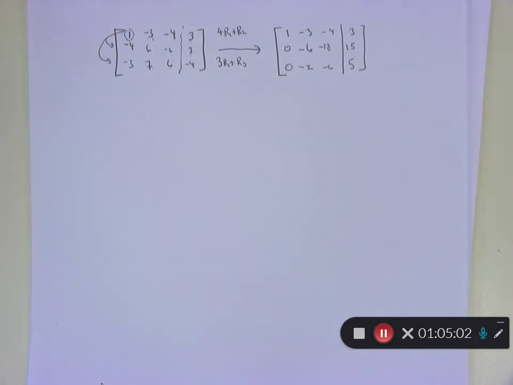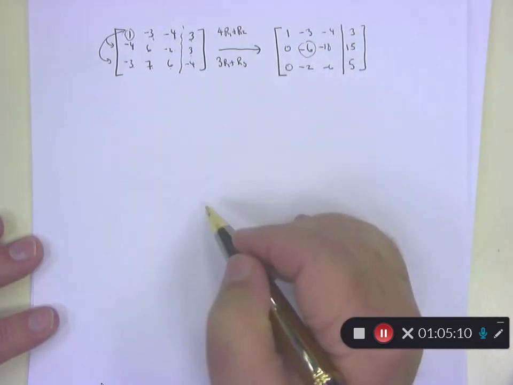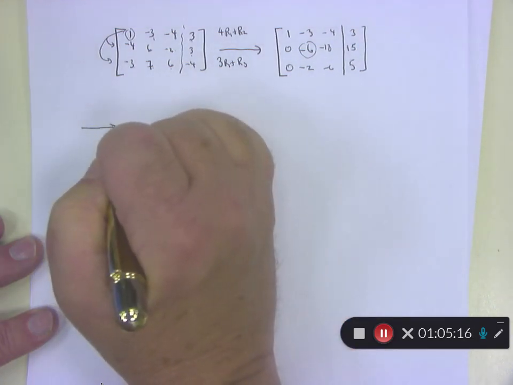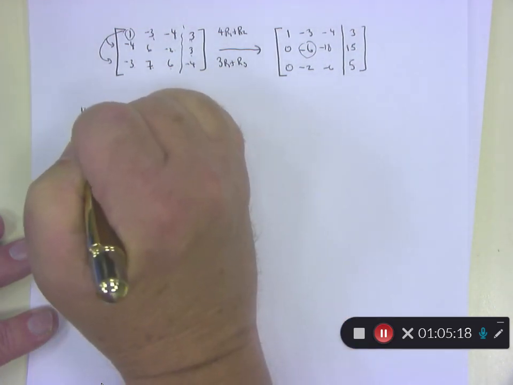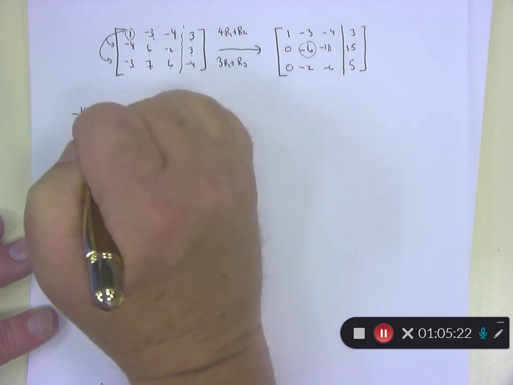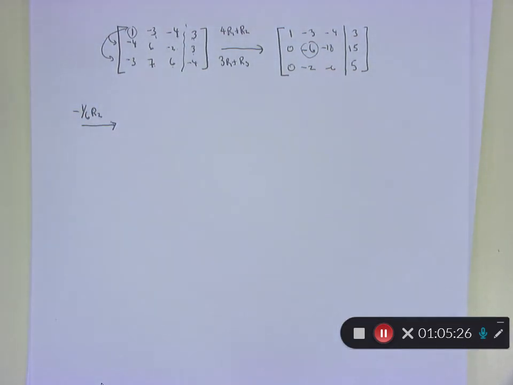What's your next move? You tell me. I would take -6 and make him a pivot. So how would I do that? All right, you want to do it that way, that's fine. Multiply by, how about -1/6, times basically row 2, right?